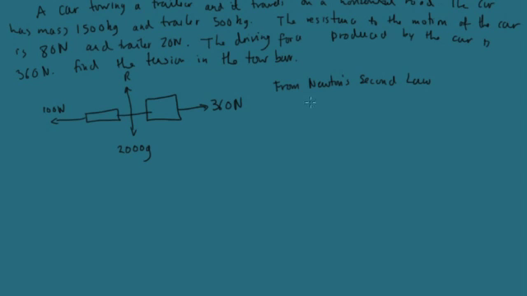So if the second law is F equals m a, and the forces are, well, we've got a forward force of 360, and in the opposite direction we've got 100 newtons, and that must equal 2000 times a, so a must be 0.13 meters per second squared.